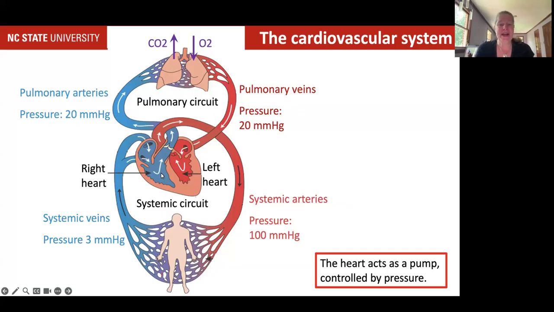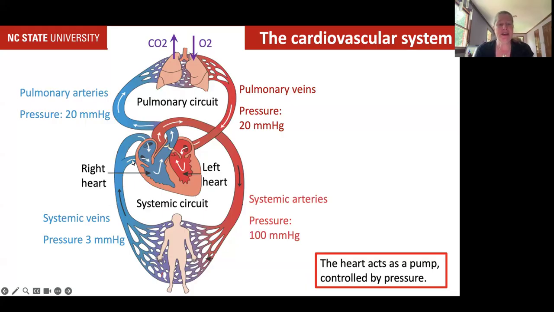So we have blood at high pressure being ejected from the left heart. It is feeding all the organs in the body. And then there is an exchange of oxygen and carbon dioxide. Then deoxygenated blood is transported through the systemic veins at a low pressure back into the right heart.